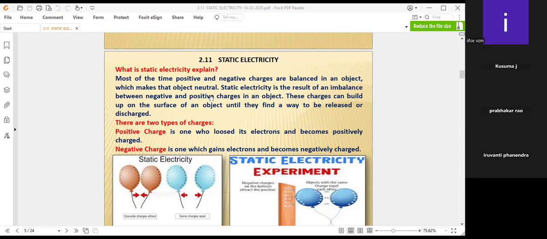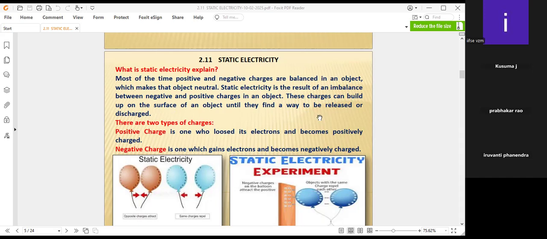These charges, the positive and negative imbalances, can build up on the surface of an object until they find a way to be released or discharged. Whenever the imbalance is there, the charge finds a route to where the earth potential is zero, so it goes to the earth.